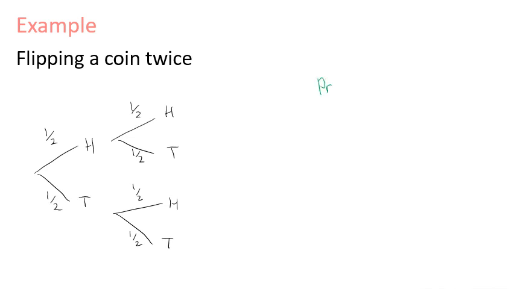So the probability of getting a head, given that tail has already occurred, equals the probability of getting a head. Okay, so that's the formula. Let's see. So the probability of getting an H, given that T has already occurred. So this is like T has already occurred.